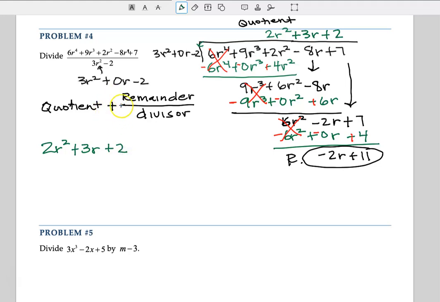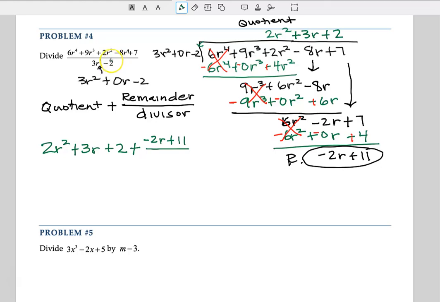And then I need to have like an add or subtract sign there. I encourage you just to do the add sign and then keep the negative in the fraction part. So let's put plus, and then in my fraction, remember my remainder has to go on top. So I'm going to have negative 2r plus 11.